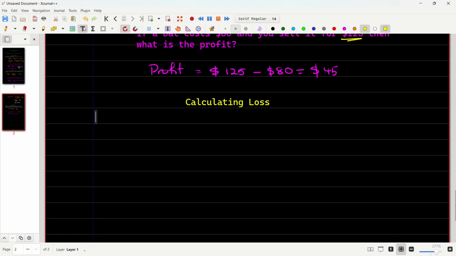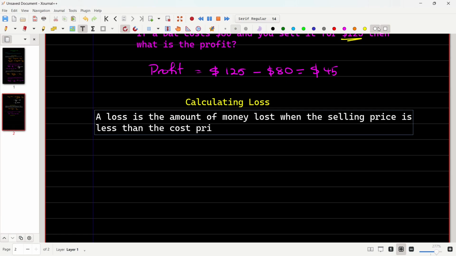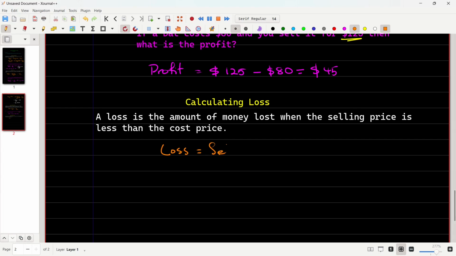And we're looking at, so a loss is the amount of money lost when the selling price is less than the cost price. And in that case, you would get a negative value. So your formula would look something like this. So your loss would be equal to your selling price minus your cost price.